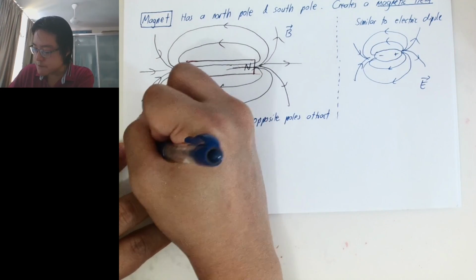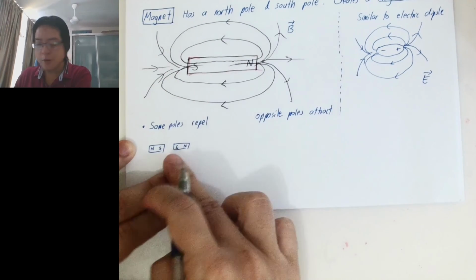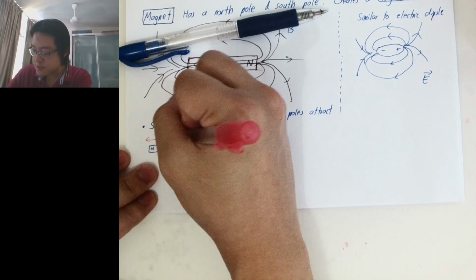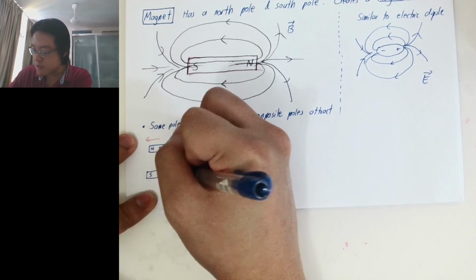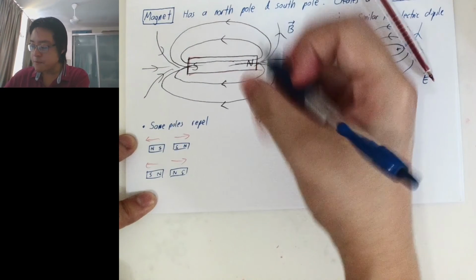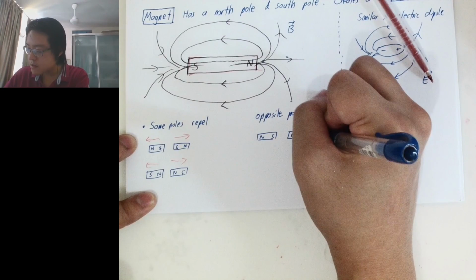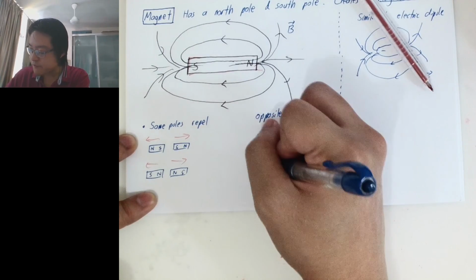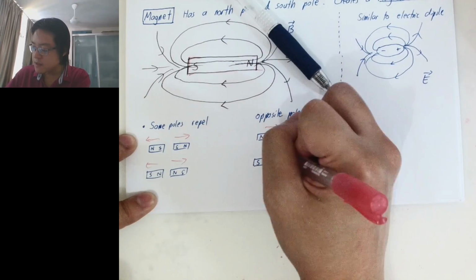If I put the south pole next to the south pole, the two bar magnets will repel each other away, so the force will be opposite. Even if you flip, north with north will also repel. But if you put north next to south, this is an attractive force. If I flip, north next to south, it will still be attracting.